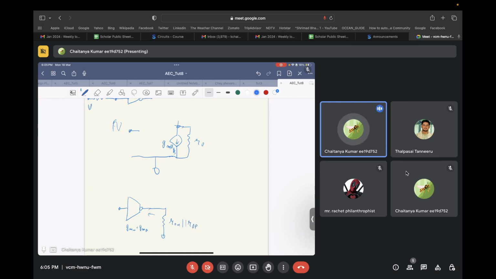So this is a much more convenient representation. You can use this to do the small signal analysis instead of the other representation. I agree, this is a little confusing when you have multiple of these in a circuit. You can try using this and then carry on.